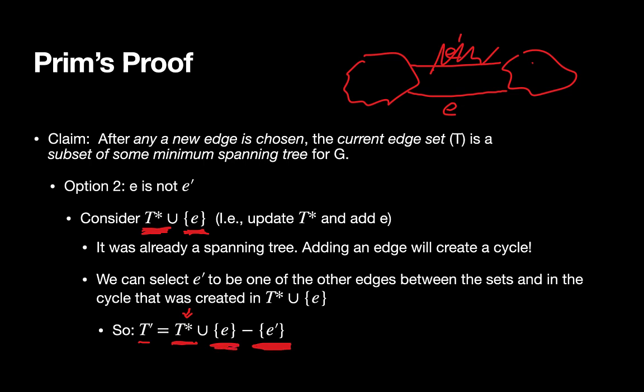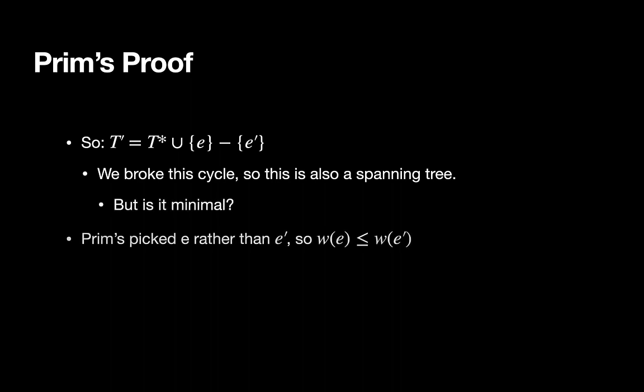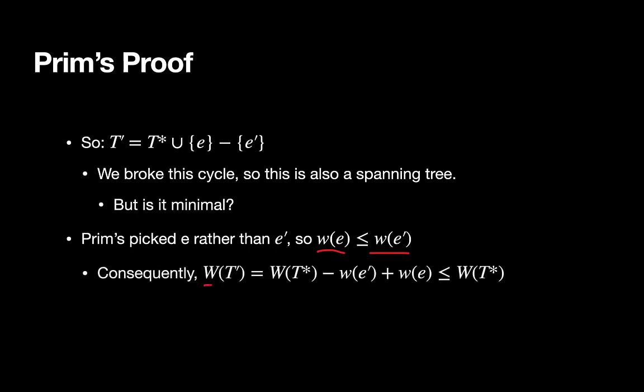Okay. So the idea is by adding our edge E, we create a cycle. By removing some other edge E prime from T star, we'll break the cycle and be back to a spanning tree. Now the question is, if we have that spanning tree with the broken cycle, is it minimal? Okay, so Prim's algorithm picked E rather than E prime, so we know that the weight of E had to be less than the weight of E prime. So if we think about the overall sum of weights, or capital W function, the weight of this new tree, T prime, basically all we've done is we've substituted one edge for another edge.